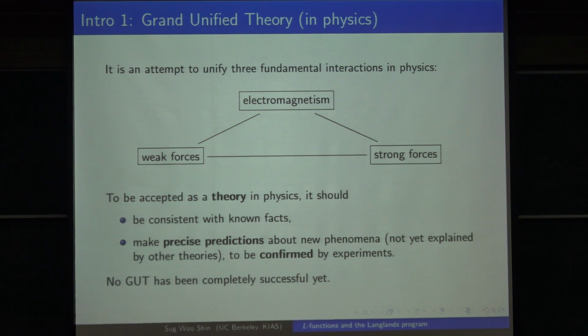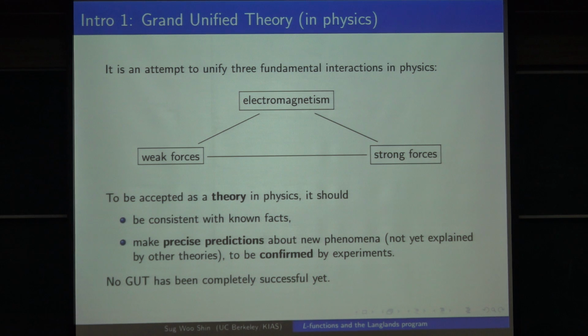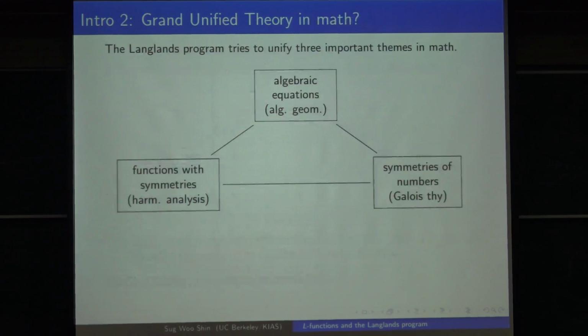And there are some suggestions, of course. But of course, this talk not being about physics, I'll now say what it could mean by grand unified theory in mathematics. In particular, the Langlands program tries to achieve the following. So there are three important themes in mathematics.